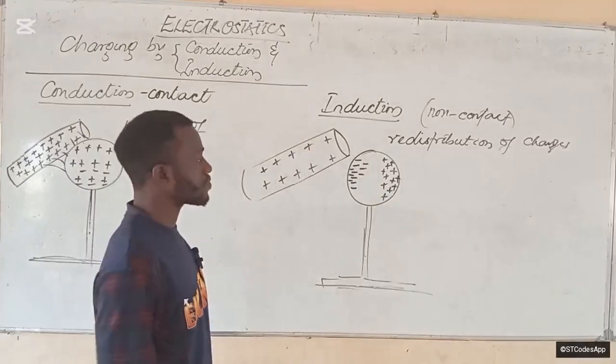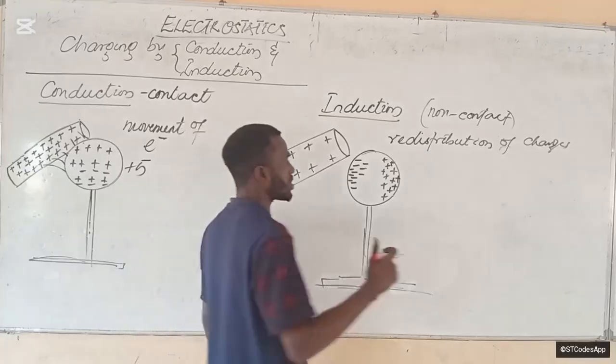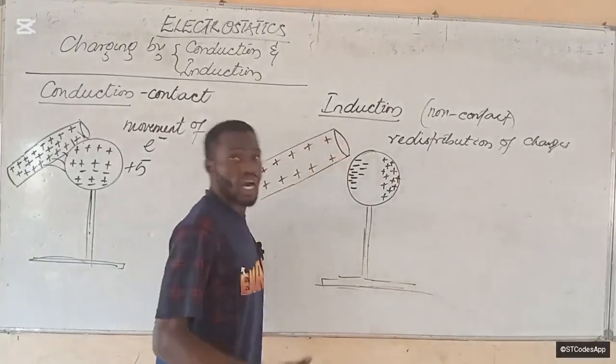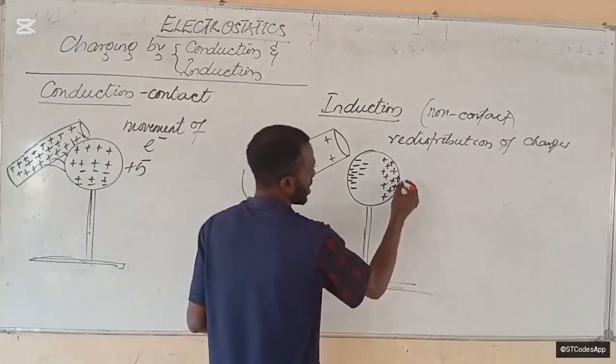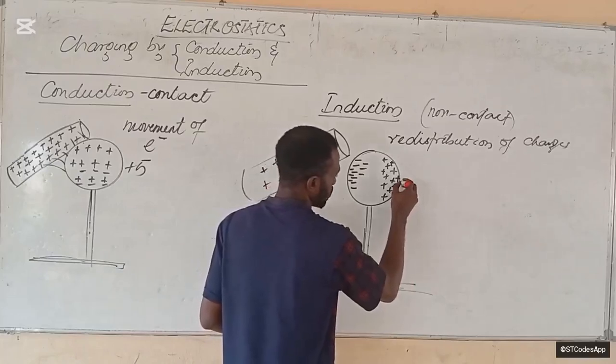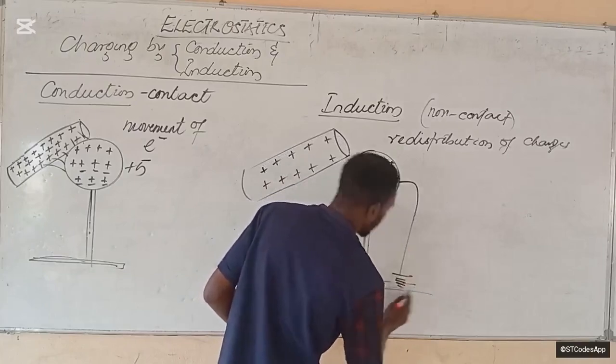Here's what will now happen. The person charging may use his hand or another conductor, such as a strip of wire, and connect these positive charges to the earth.